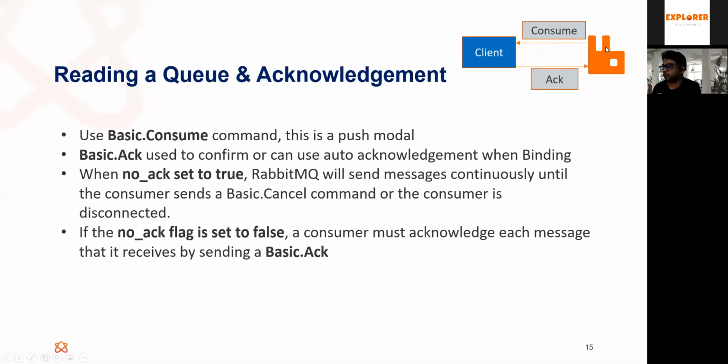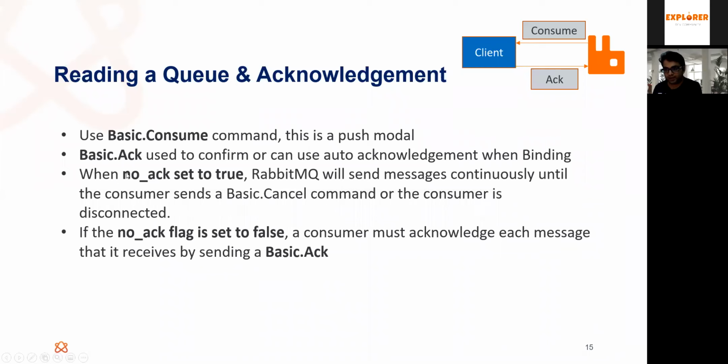Then RabbitMQ knows that the client successfully processed it and it can remove the message. So acknowledgement is important. These are the commands: basic consume to consume, and to acknowledge we send basic ack, so that RabbitMQ knows the client has successfully received the message. Then RabbitMQ can delete it.